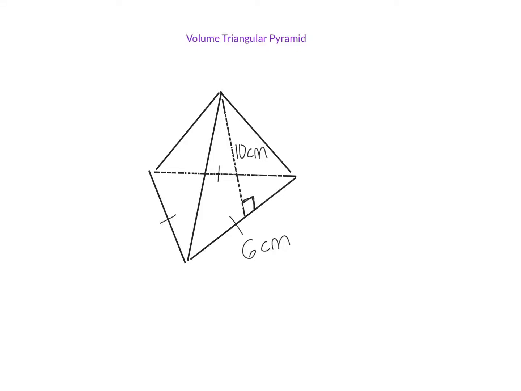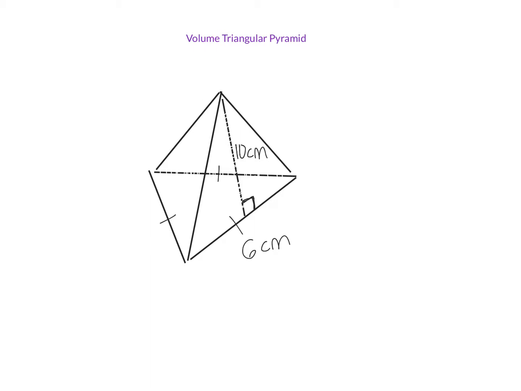Okay, I want to explain how we would go through the process of finding the volume of this triangular pyramid. So the shape of the base is an equilateral triangle. If we look at the information that's given to us in the picture, that 10 centimeters would represent the slant height of the pyramid.